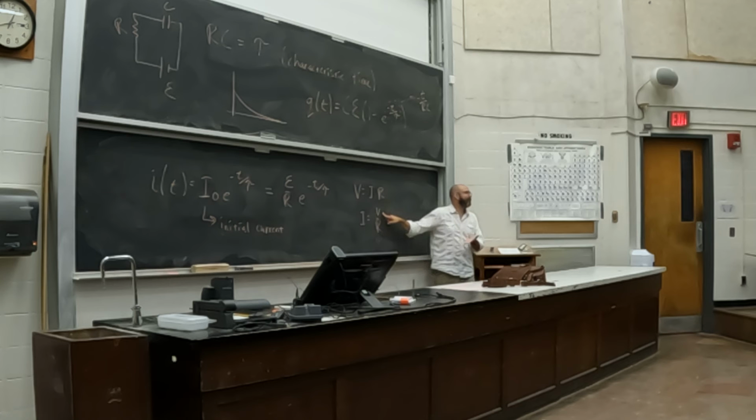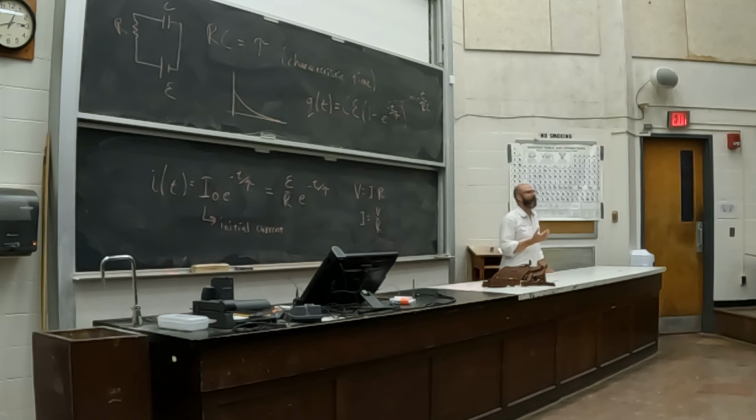Where again V is being played by script E. Right? So this just boils down to Ohm's law, but we're letting the current taper off because we have an increasing amount of back voltage, if you want to think of it like that. We have a voltage drop across the capacitor that's opposing the flow of charge.